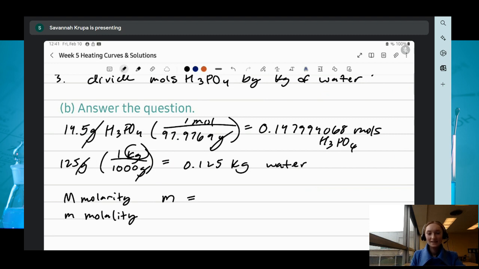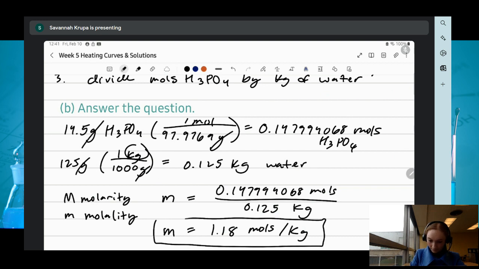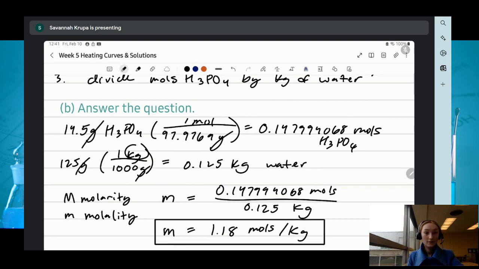It's lowercase c and then capital C. So lowercase m equals the moles that we just calculated of H3PO4 divided by the 0.125 kilograms. And so we will be left with the value of 1.18 moles per kilogram. And so that is how you calculate for the molality in this problem.